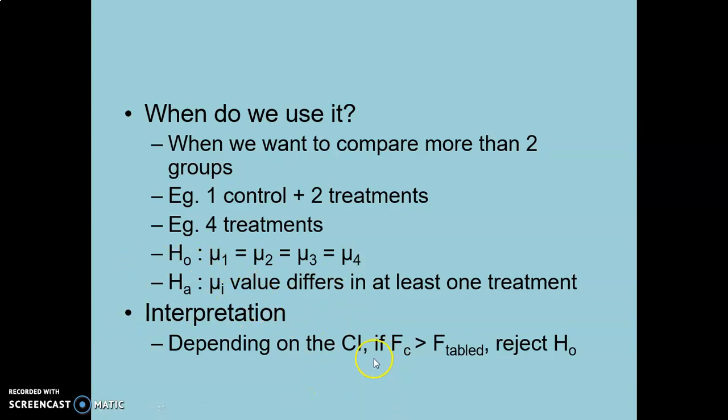Or if you do not have enough proof to accept the null hypothesis, then we will accept the alternate hypothesis. The interpretation is based on the F value, but usually now we only look at the probability values.